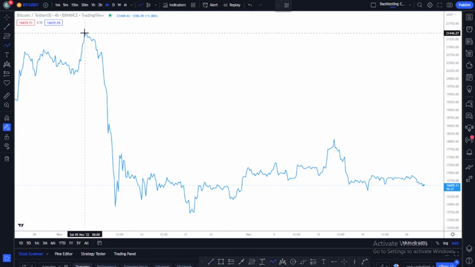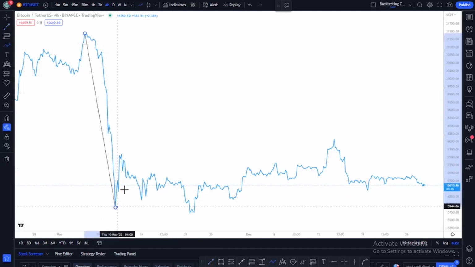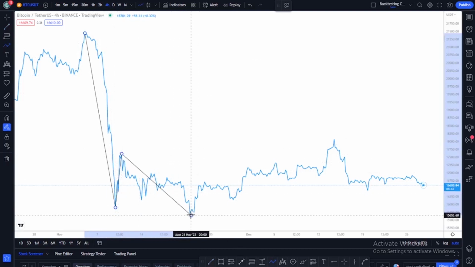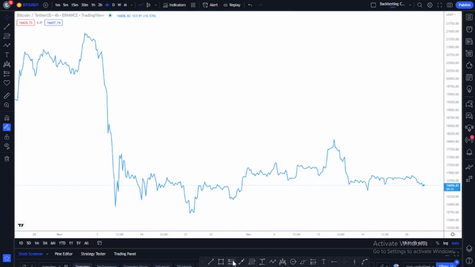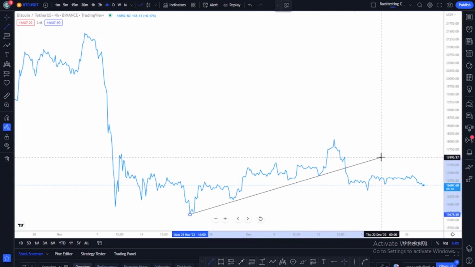The market drops and tries to consolidate in the form of a wedge before it finally breaks the pattern and continues to the downside. So now all we need to do is connect our trend lines with the structures the market made.